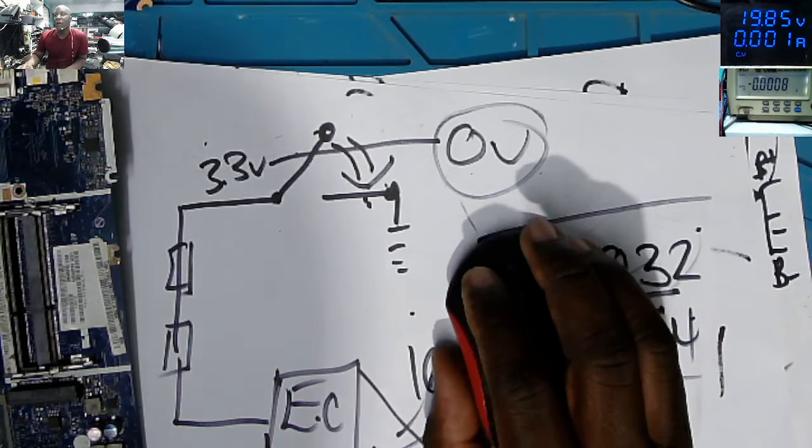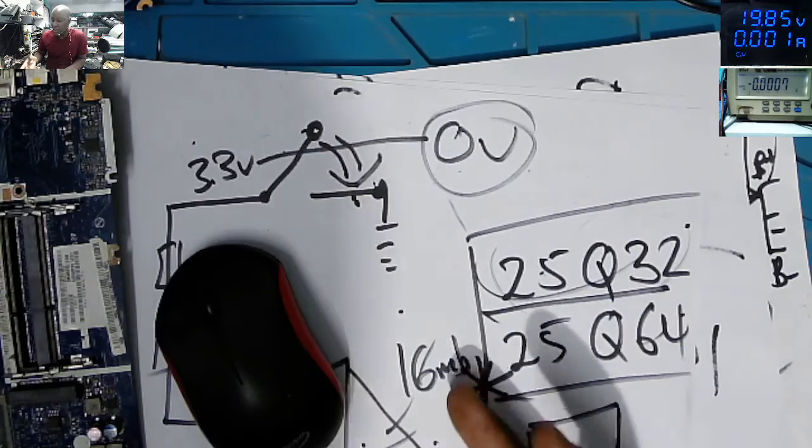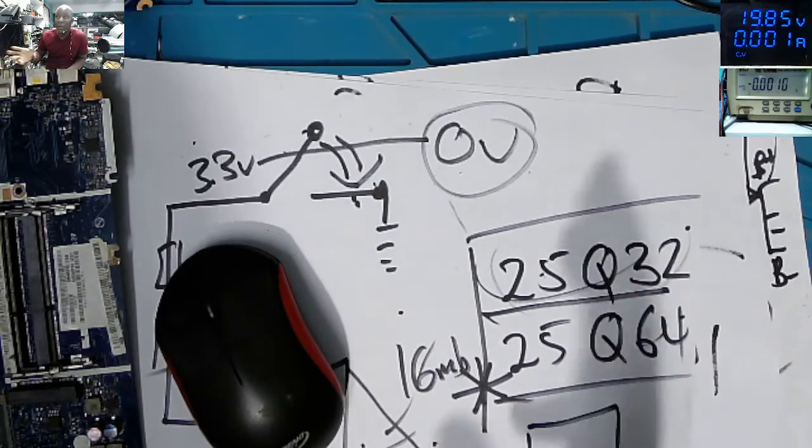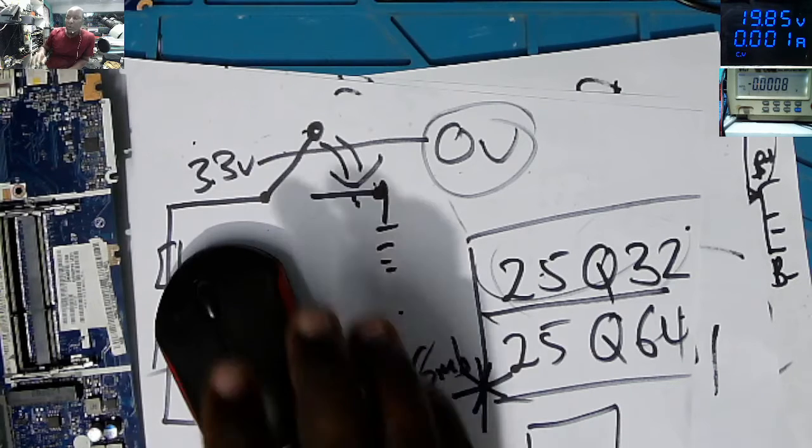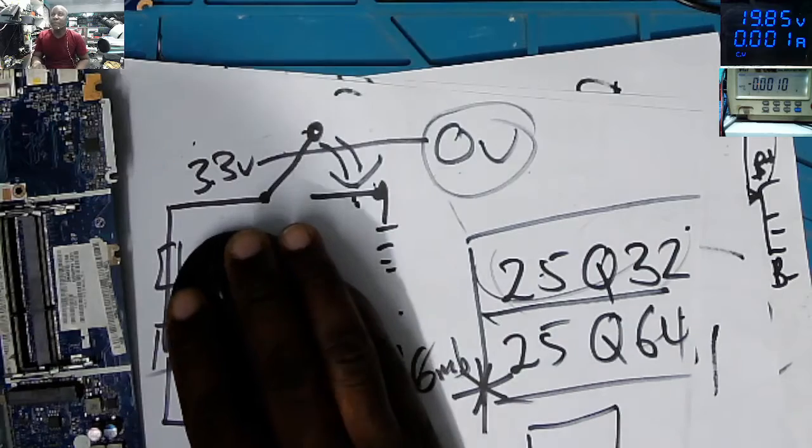This one can be 16 megabytes or 8 megabytes BIOS, and the one for backup is usually 2 megabytes or less. That's the way you can separate the things.